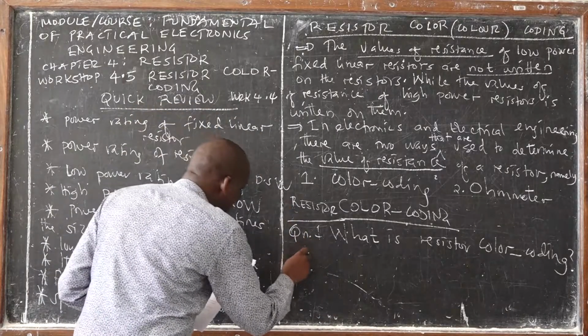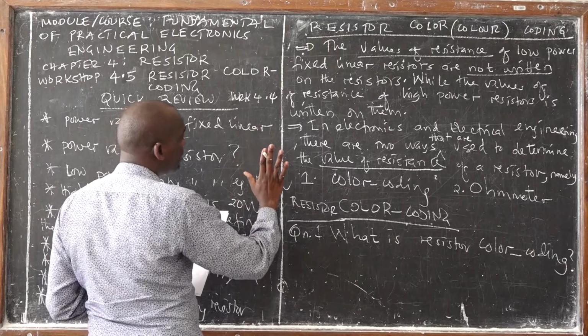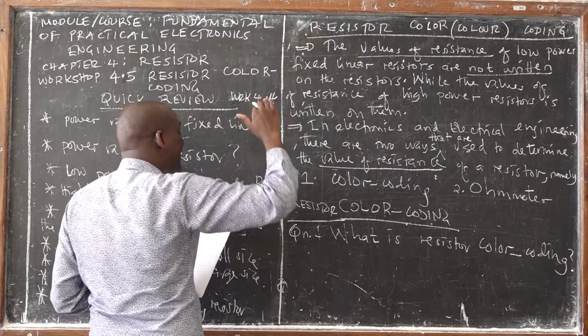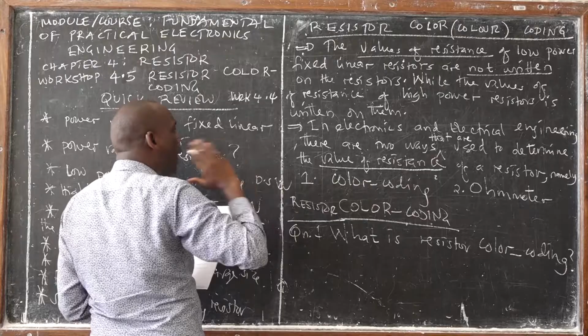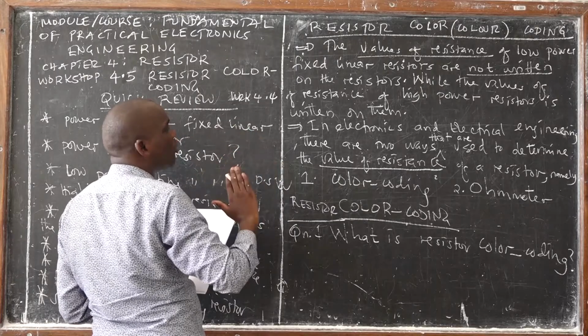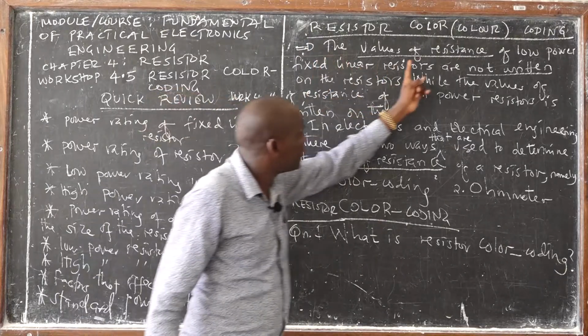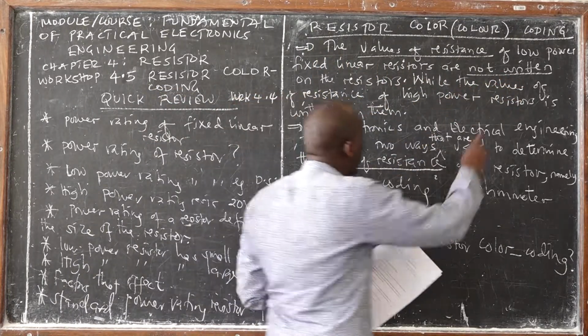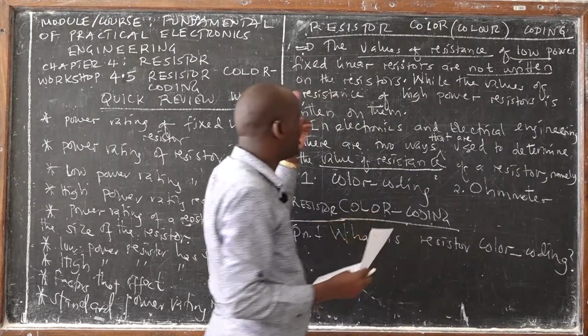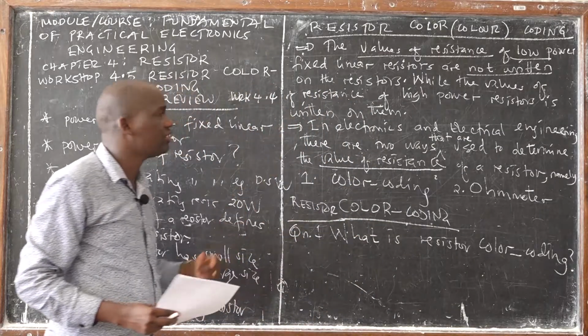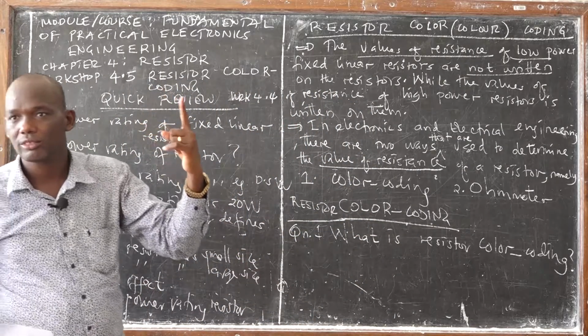Remember the problem I have analyzed. It shows the need for us to learn. Why should we learn about resistor color coding? I have shown the necessity here: the values of resistance of low power fixed resistors are not written on the resistors. That's the problem. Right?